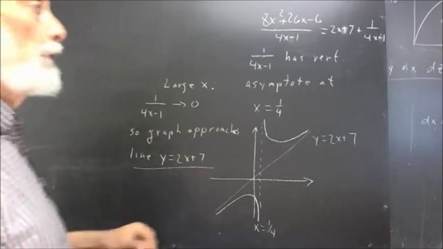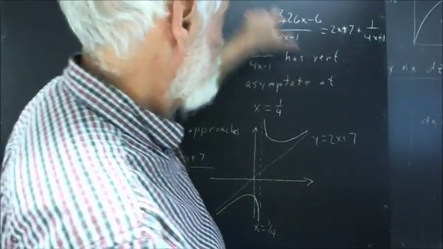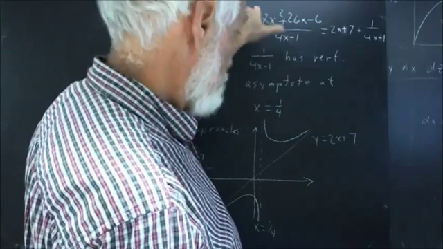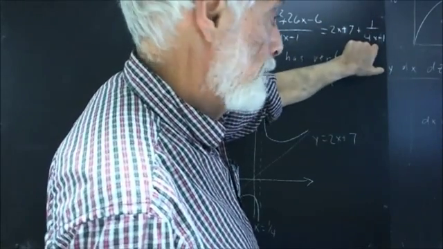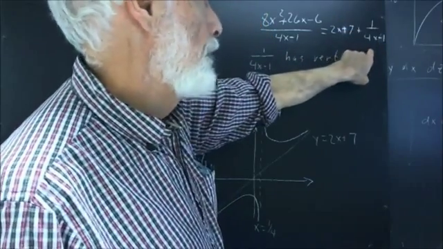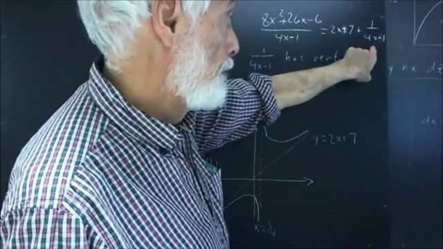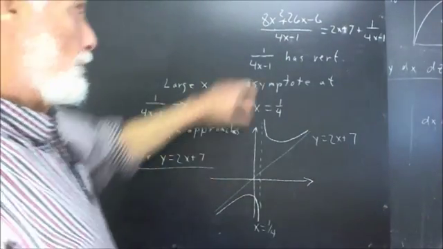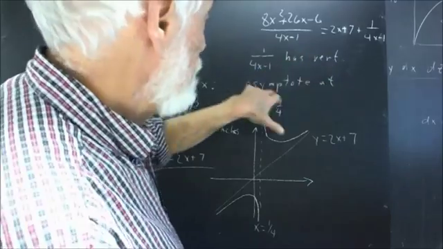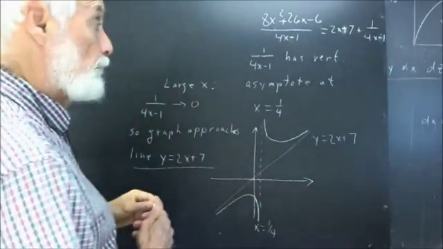Again, we saw previously by the long division that this rational function can be expressed as a linear function plus another rational function. I say 1 over 4x minus 1 has a vertical asymptote at x equals 1/4.